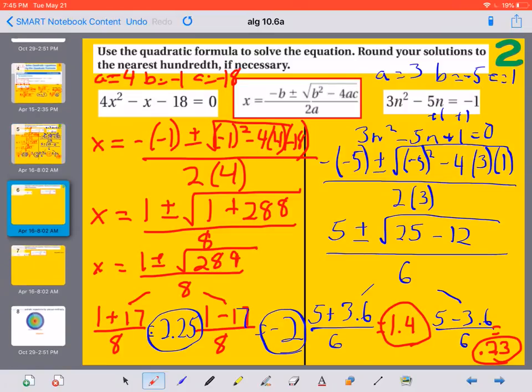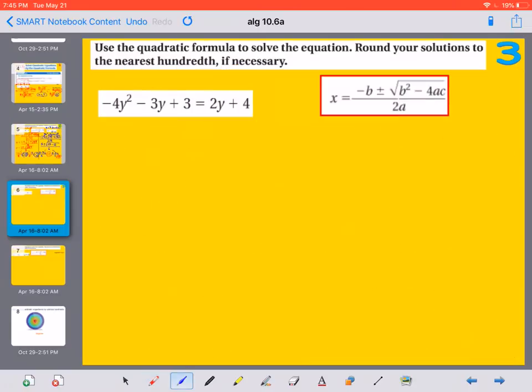Now, if we check out this one, I see a lot of numbers that I can move over to the other side. The first one I'm going to move over is this 2y. And I'm going to subtract that from 3y. Then I'm going to subtract 4 from 3, so I can have ax squared plus bx plus c.